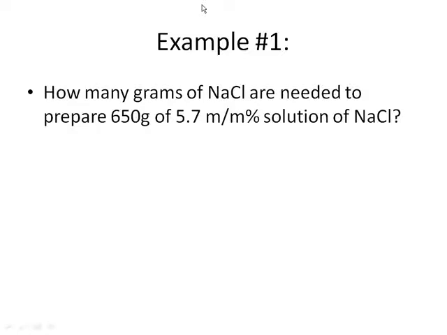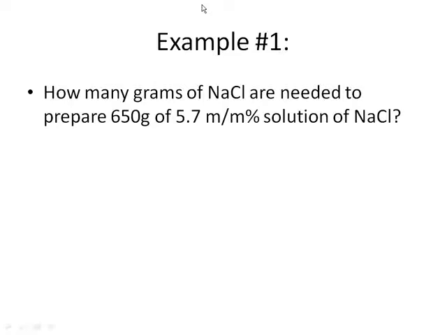So we're going to look at a couple different examples of this. And the way to look at these examples so that you can see the pattern and then apply it to your homework, and to when you're faced with these questions on a quiz, is to look at whether the question is asking you for a solute, solvent, or solution. This first example says, how many grams of NaCl are needed to prepare 650 grams of 5.7 mass percent solution?